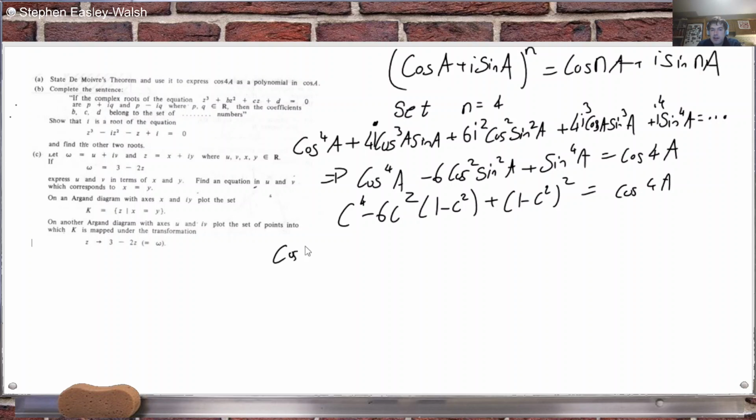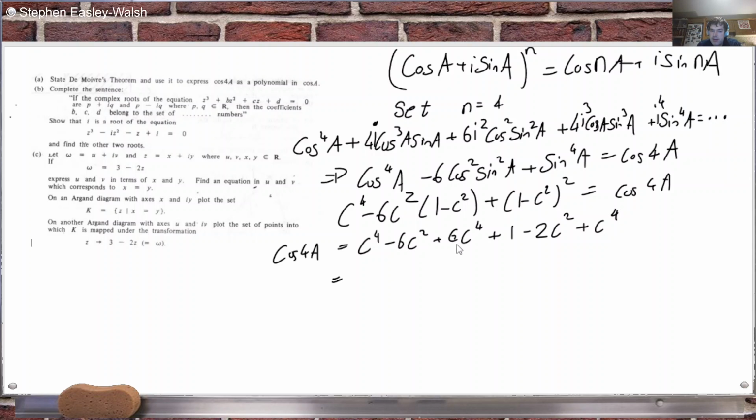So that means cos 4A will equal cos to the power 4 minus 6 cos squared plus 6 cos to the power 4, plus 1 minus 2 cos squared plus cos to the power 4.